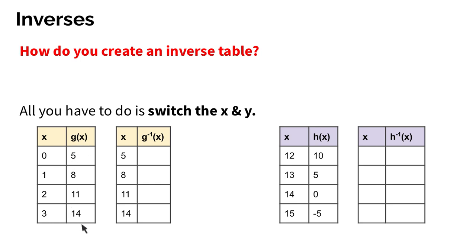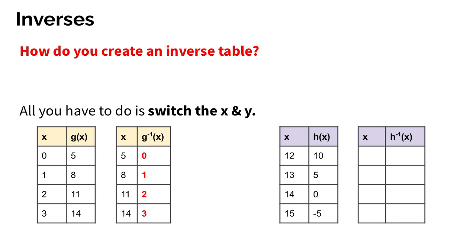So I'm just taking my g of x values and putting them as my x values instead. And then I'm going to take my x values and make them my inverse g of x values. So I'm just switching my two columns around.